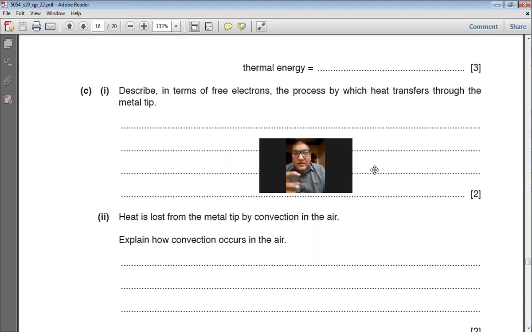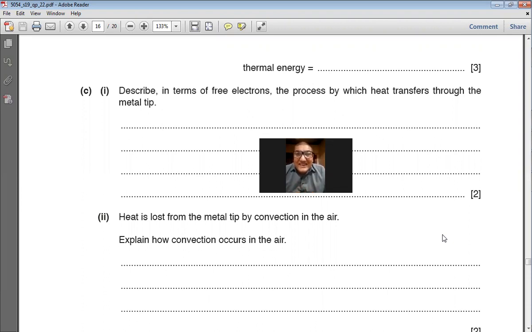You see the portion of the metal which is on the hot end. It absorbs the thermal energy because it's metal. It has free electrons. So the free electrons there, they absorb that energy. Their kinetic energy increases, and because the free electrons can flow in the metal, they flow from the hot end to the cold end, and when they reach the cold end, they collide with the atoms there and make them vibrate vigorously.